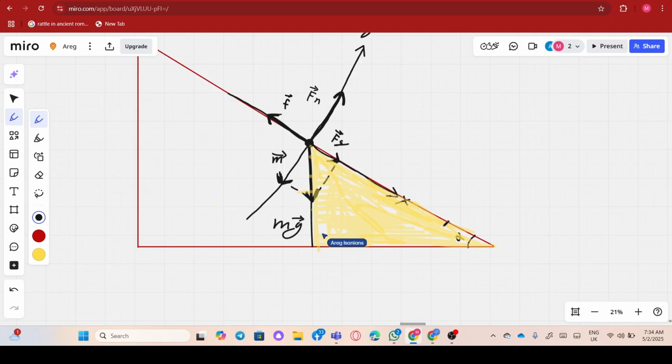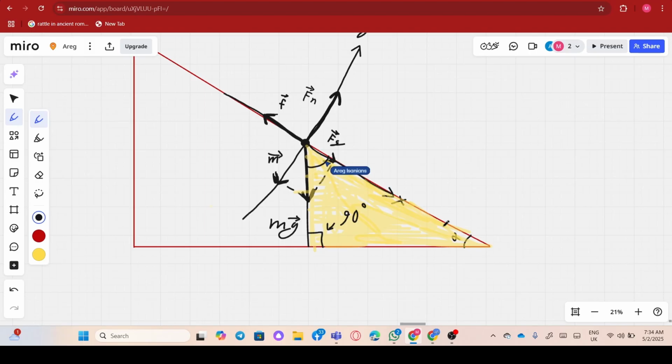We know this is a right angle, so this is 90 degrees. And we're trying to find this right here, which will be denoted as alpha yellow.